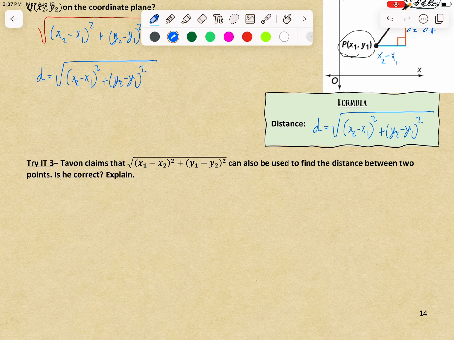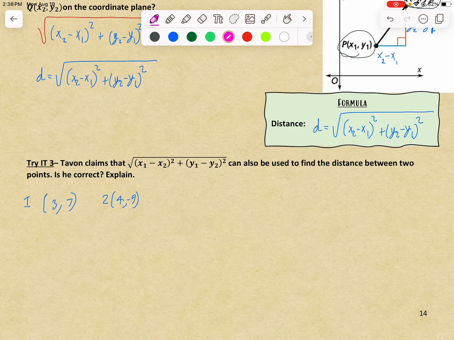So if I do x1 minus x2, let's just think about this for a few pairs of numbers. Let's say we have our first set of coordinates, that is 3, 7. And our second set of coordinates is 4, negative 9. Okay? So let's go ahead and find out what x1 minus x2 is and x2 minus x1 is.